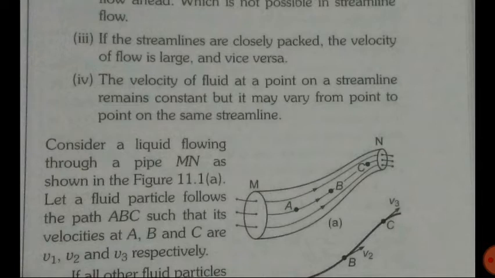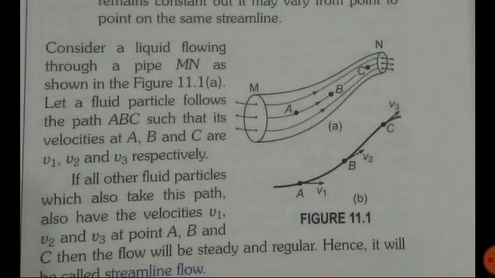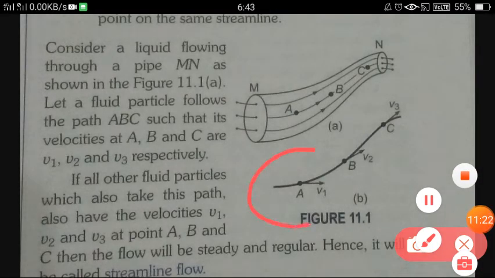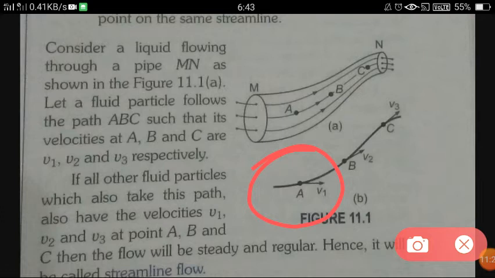Third, if the streamlines are closely packed, the velocity of flow is large, and vice versa. Then fourth, the velocity of fluid at any point on a streamline remains constant, but it may vary from point to point on the same streamline. So for a particular point, let's say point A, the velocity v1 is constant.